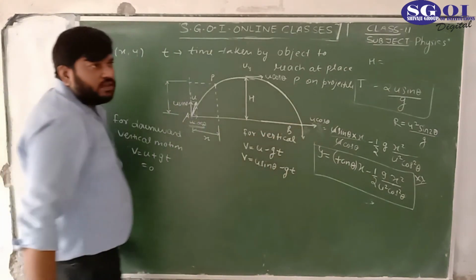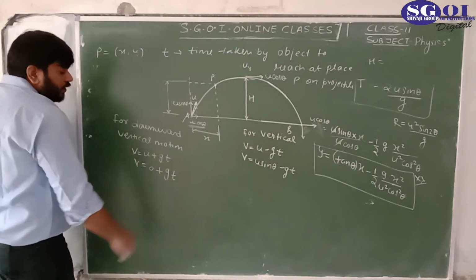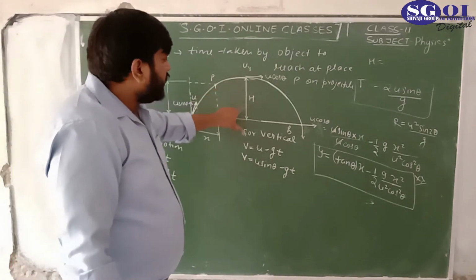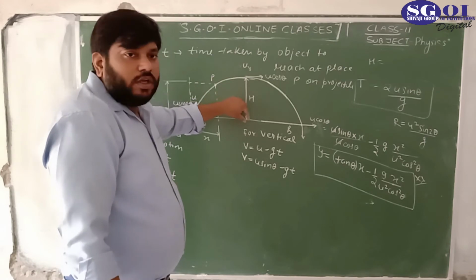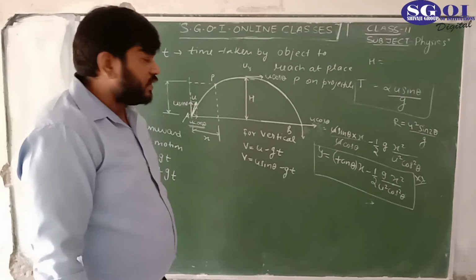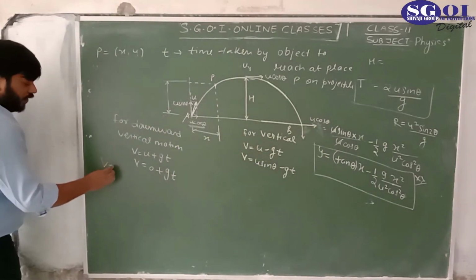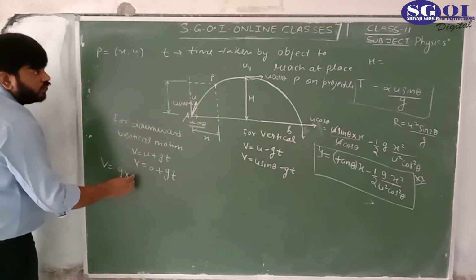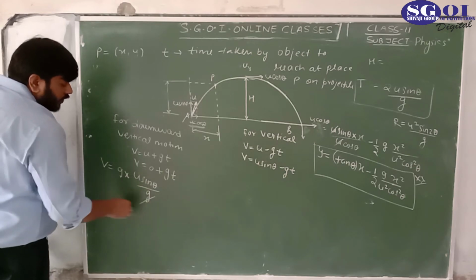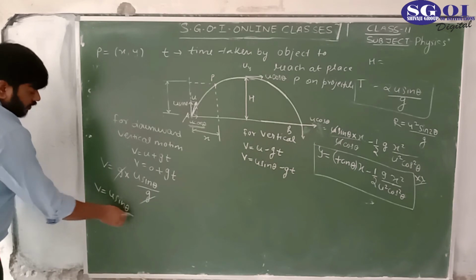As we have seen before, the time for the projectile to go upward to the maximum height or come down is the same, u sin theta upon g. So v equal to g into u sin theta upon g. The g's cancel out, v equal to u sin theta.